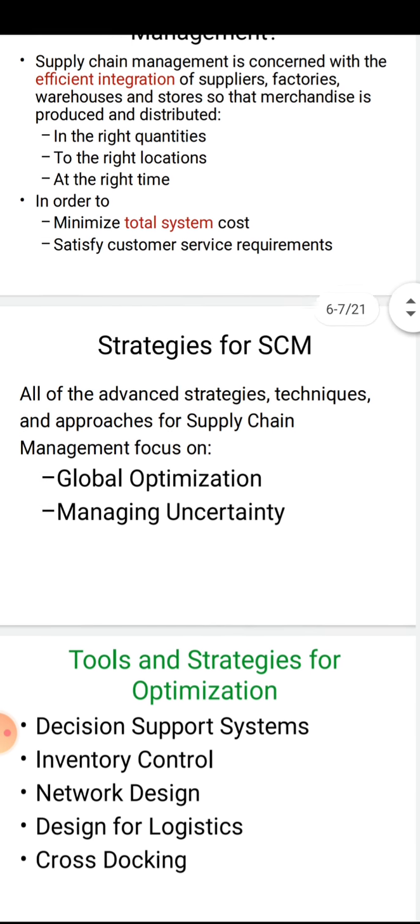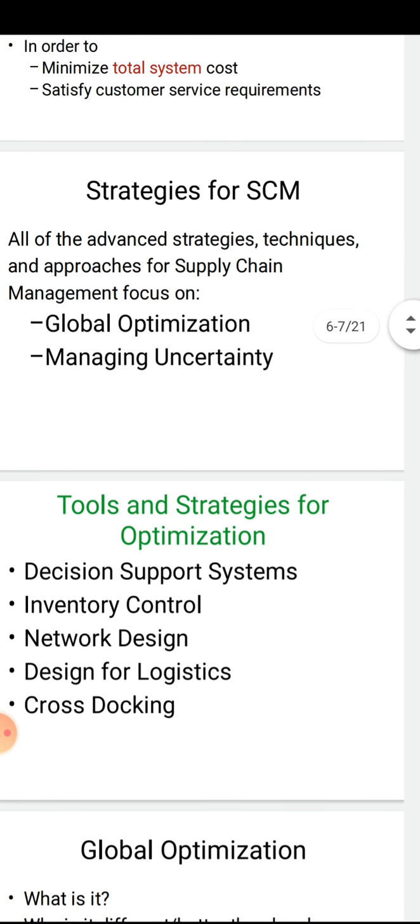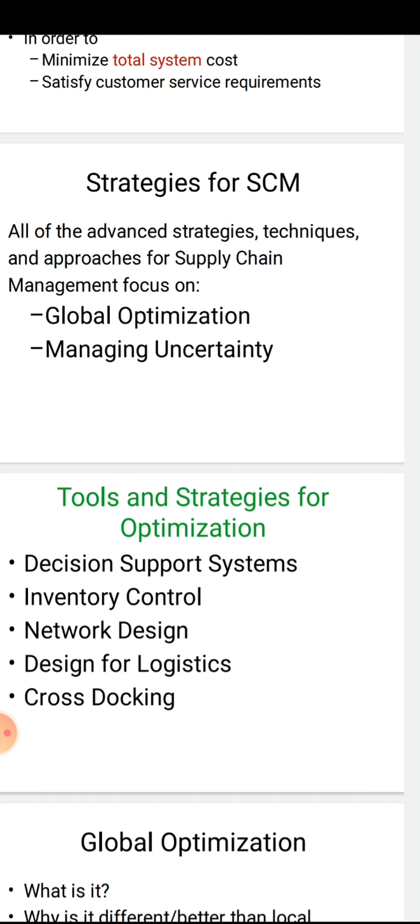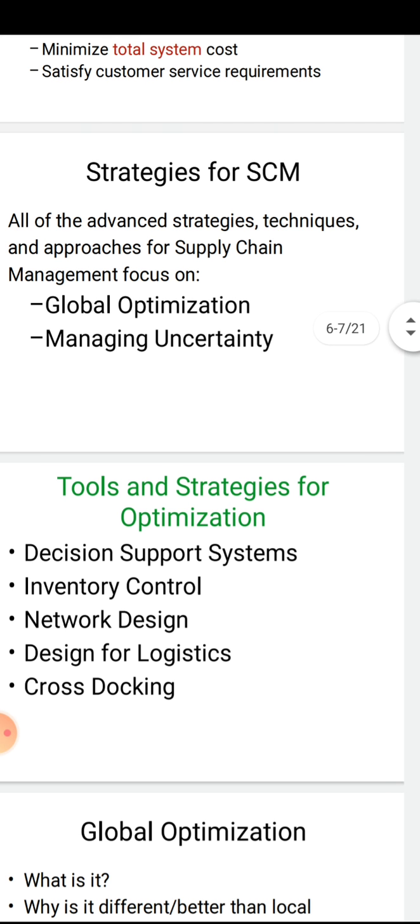Then strategies for supply chain management: decision support systems. We have to decide what support system we will require. Inventory control, as I told you, means minimum inventory at the right time. Then network design. What is network design?